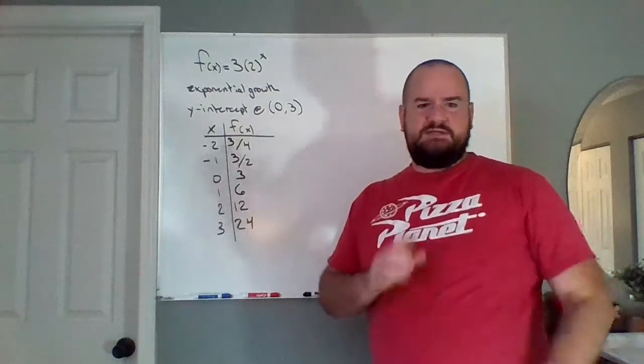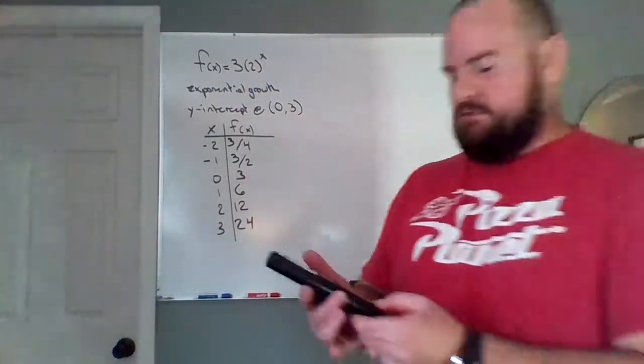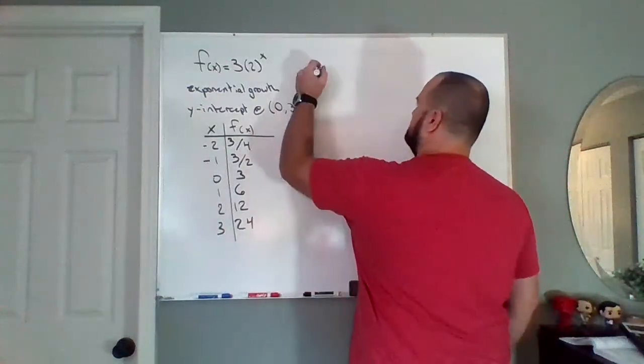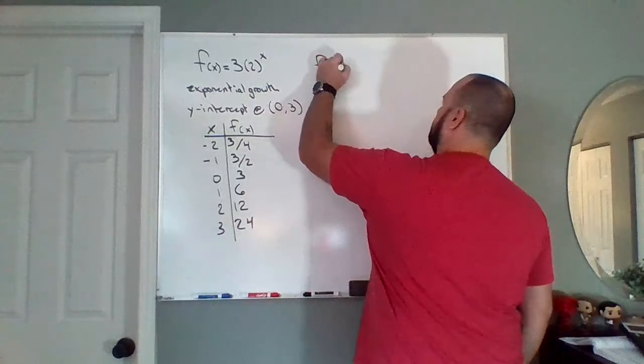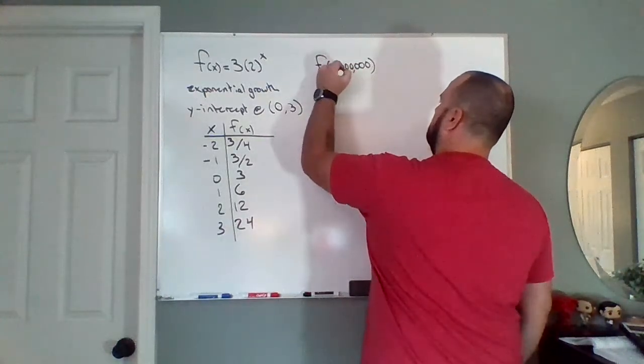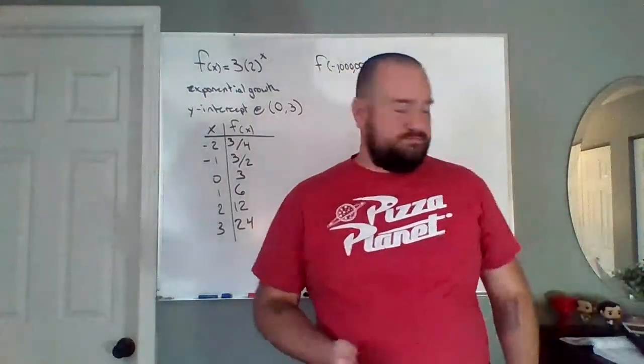Let's try. Let's use our calculator, because we're going to get some really big negative numbers. Let's find f of -1 million. What does that equal?